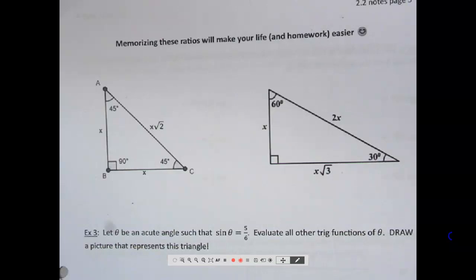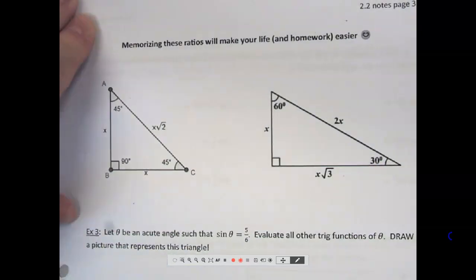Which ratio is adjacent over hypotenuse? Cosine. Adjacent over hypotenuse is cosine. What is opposite over adjacent? Tangent. What is sine? Opposite over hypotenuse. Okay, so as you work with these, try to really think them through so that they do become second nature to you.